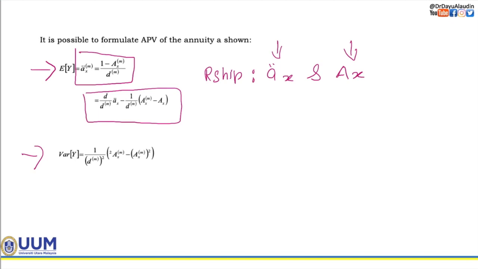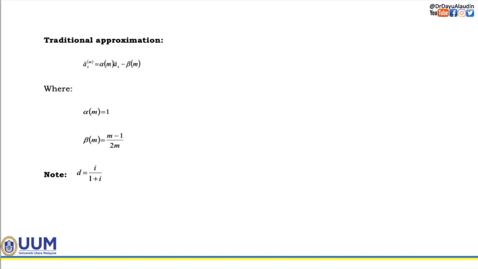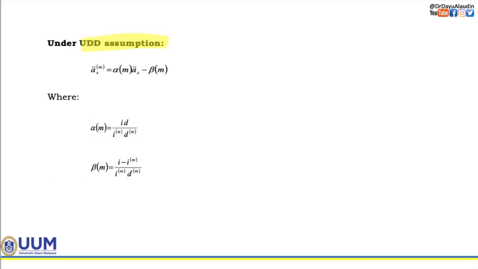And to find this, we have two types of assumption. We have the UDD assumption for uniform, and the second one is the traditional approximation. So to find the APV for m times per year, this is the basic formula.